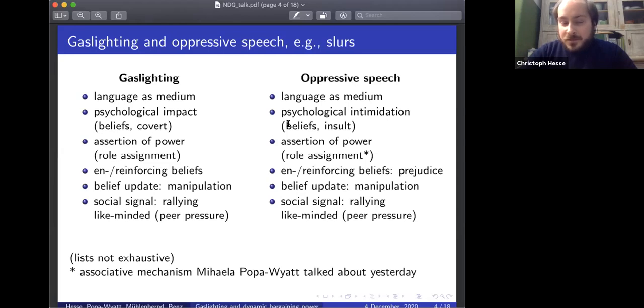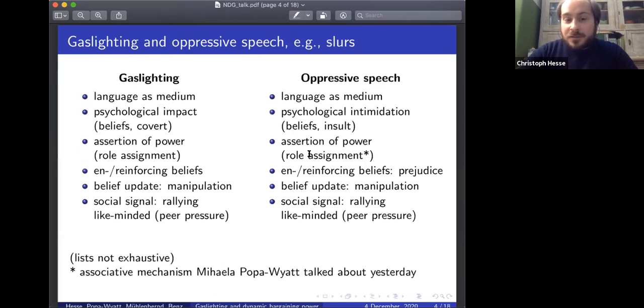Oppressive speech is also trying to influence the victim's beliefs or change them, but with oppressive speech, it seems to be primarily about psychological intimidation. Whereas with gaslighting, you want to be covert, so you don't want the intimidation to be obvious. So that's maybe an important difference.